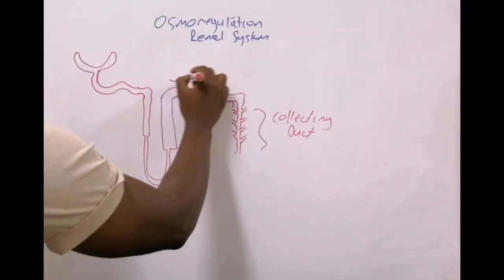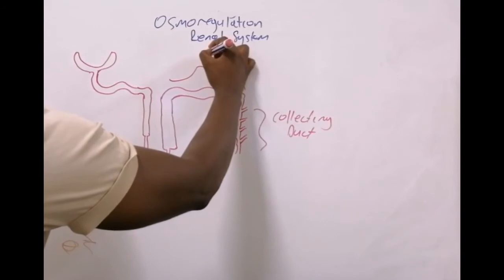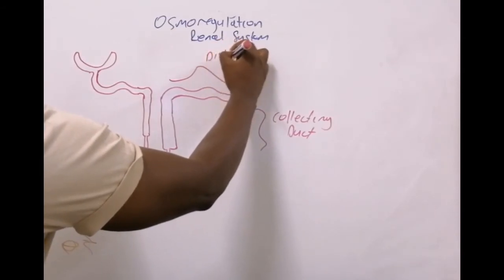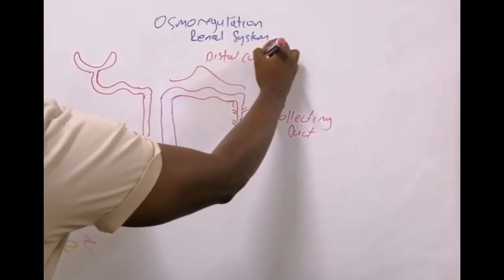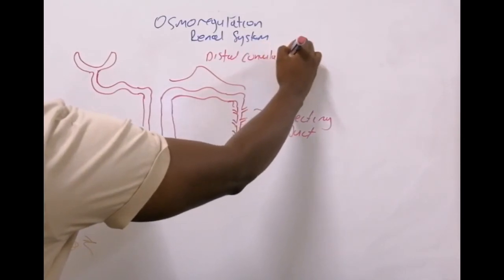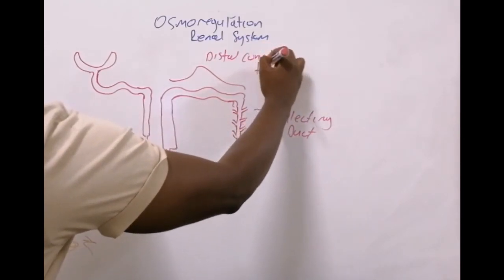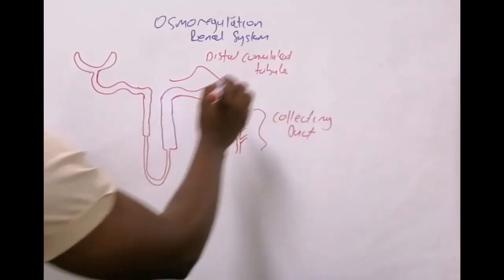This one is called the distal convoluted tubule.